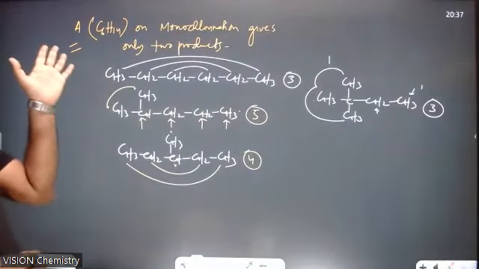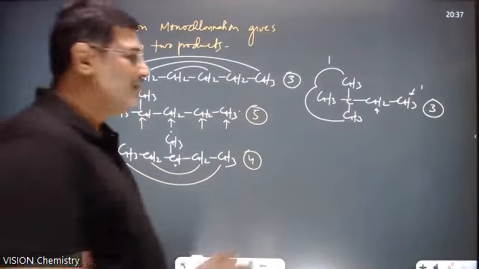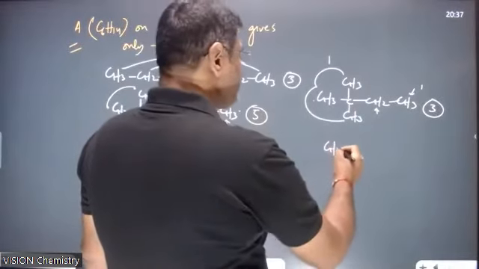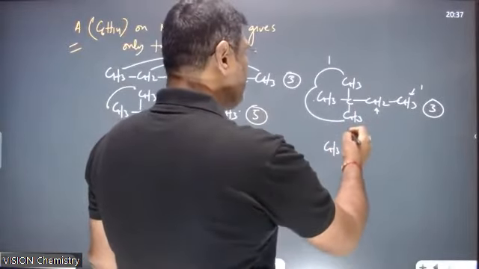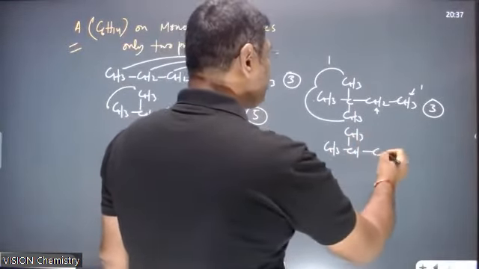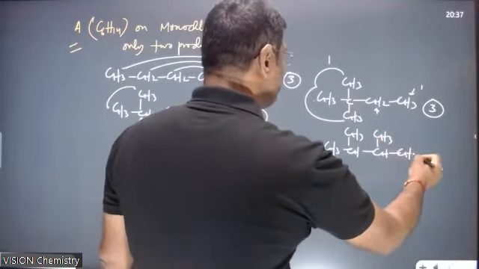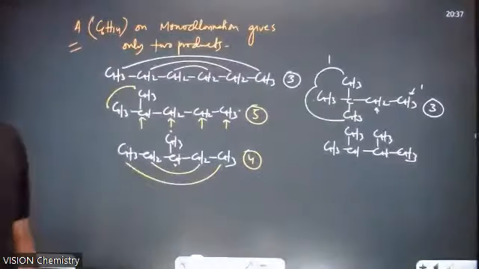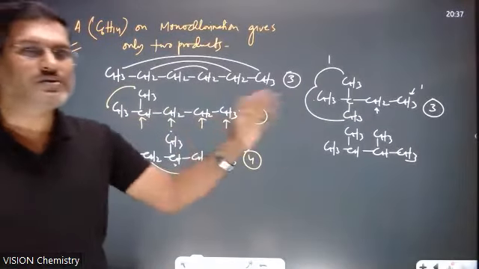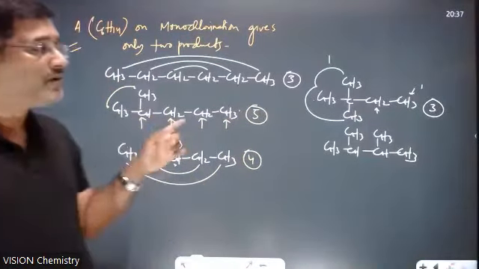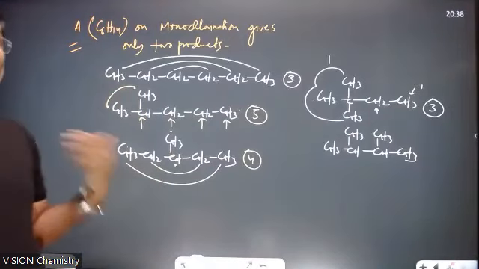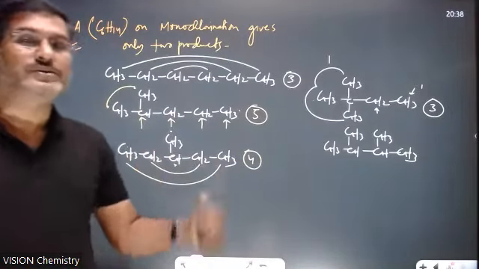What is this A? Next one. There is CH3, CH3, CH3, and there the CH3. I could have written this in the beginning also, but I had to discuss how to answer this question.